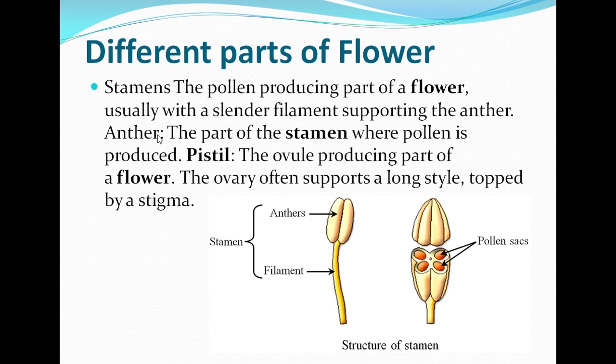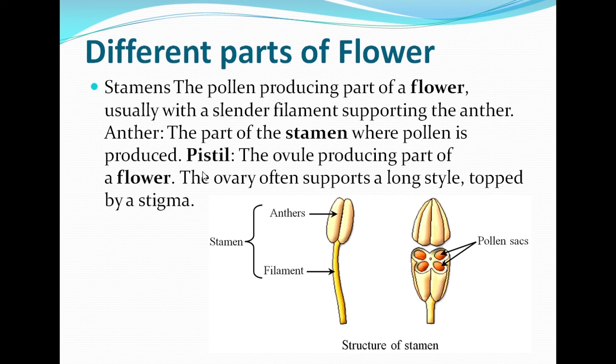Now stamen. Stamen, the pollen producing part of a flower, usually with a slender filament supporting the anther. Anther, the part of the stamen where pollen is produced. Pistil, the ovule producing part of a flower. The ovary often supports a long style topped by the stigma.